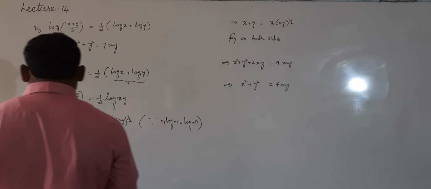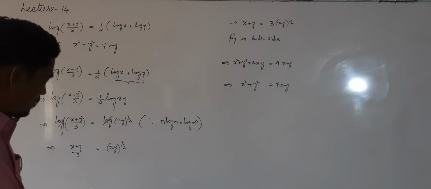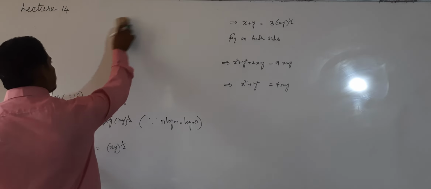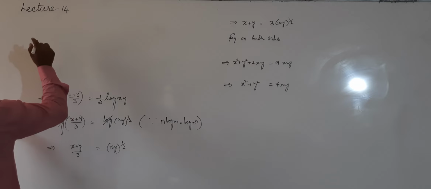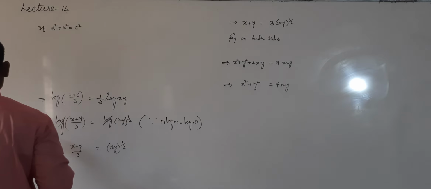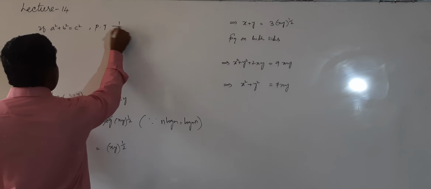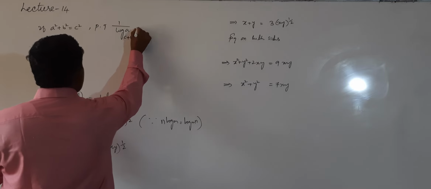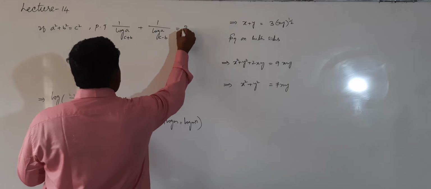Next problem. If a square plus b square is equal to c square, then prove that 1 divided by log a to the base (c plus b) plus 1 divided by log a to the base (c minus b) equal to 2.